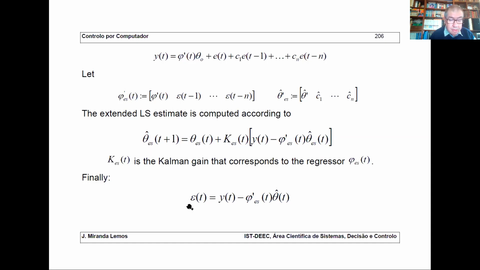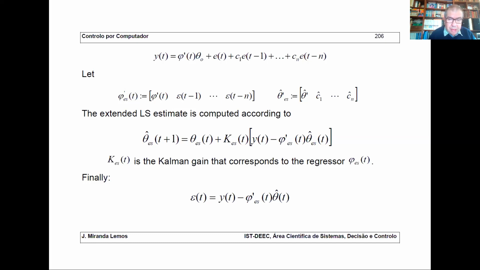And then in the end, with the updated vector of parameters, we go on and generate this epsilon recursively. You have to think that time is progressing, okay? This is the extended least squares algorithm that is very much used, for instance, in econometrics.